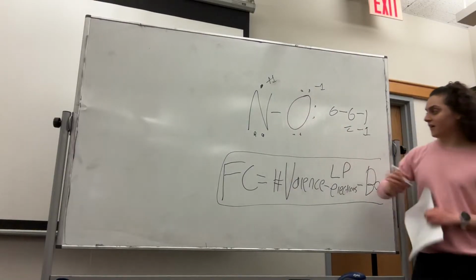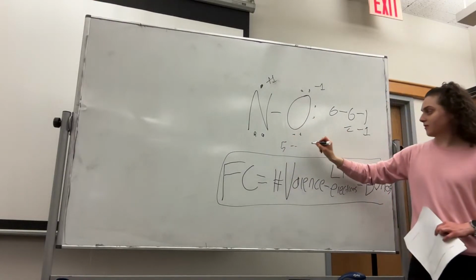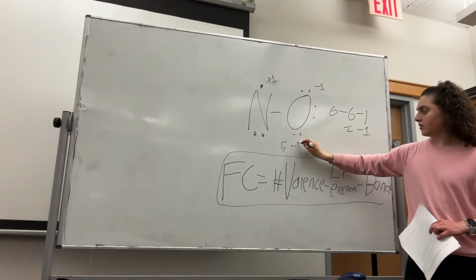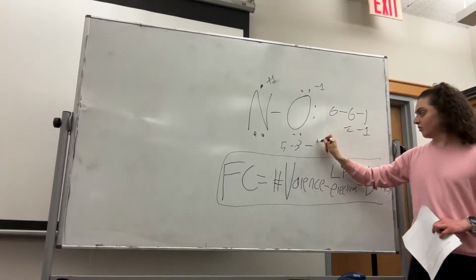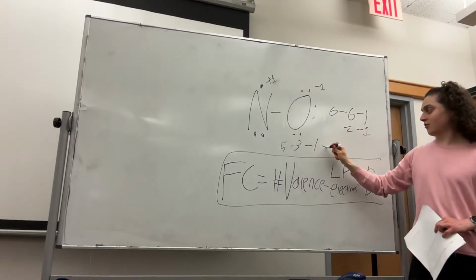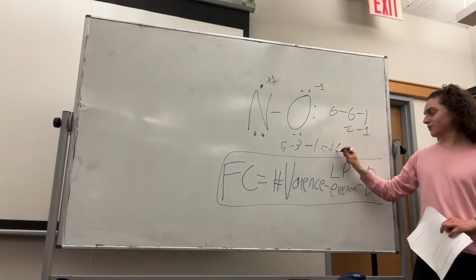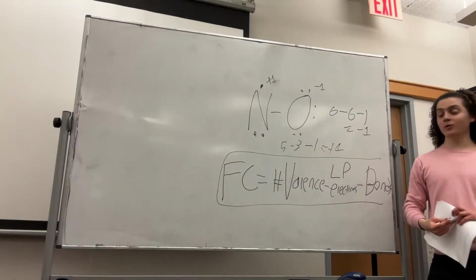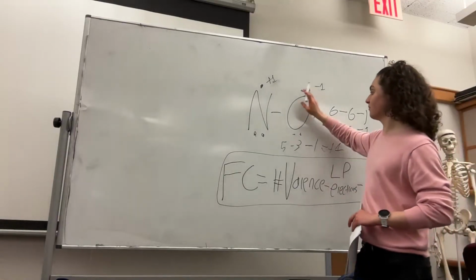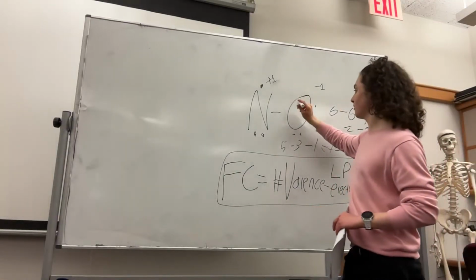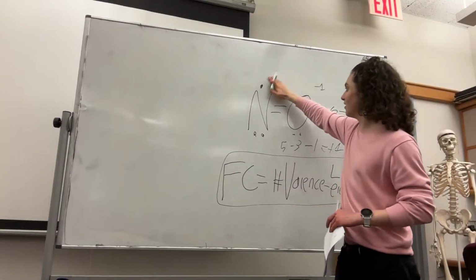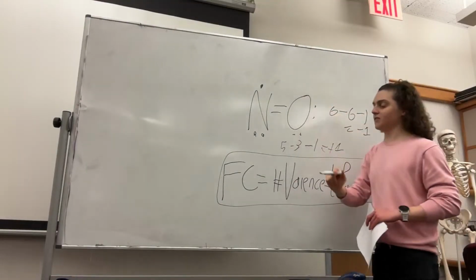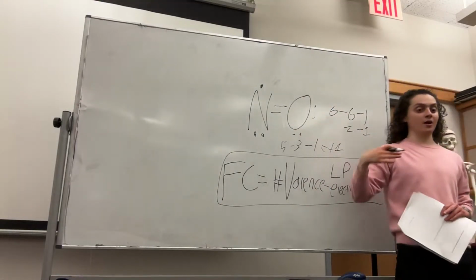So I have 5 minus 3 minus 1. No good, because we have a +1 formal charge. So overall it might be neutral, but we don't want formal charges. So we're going to make a double bond, because double bonds cancel out formal charges. And boom, no more formal charge, and we're as close to that as we're ever going to get with that compound.